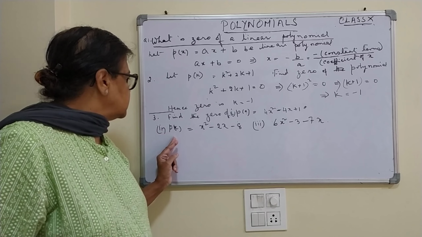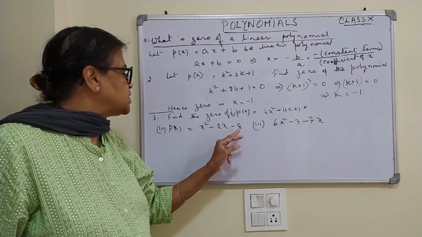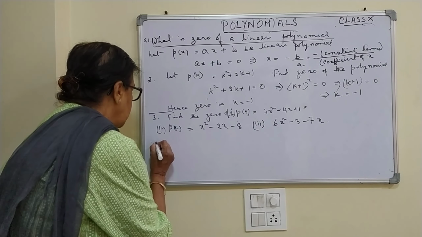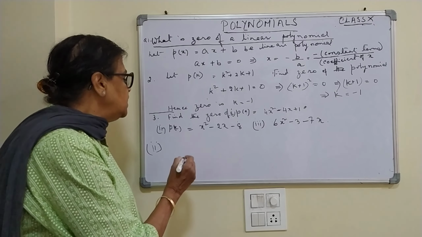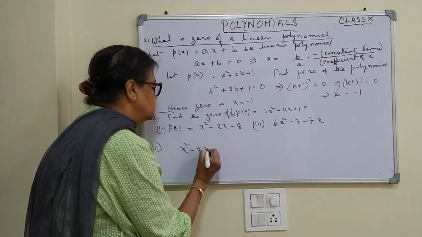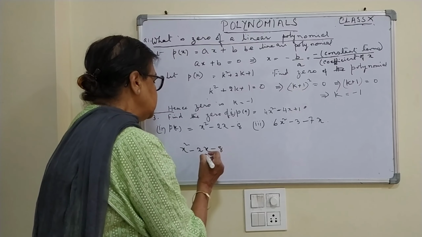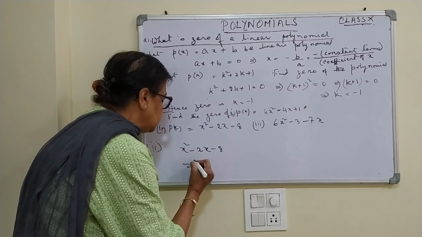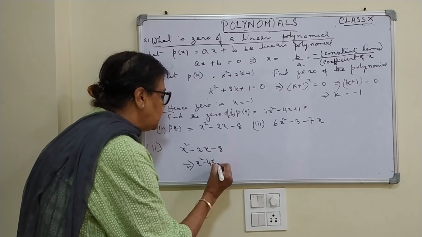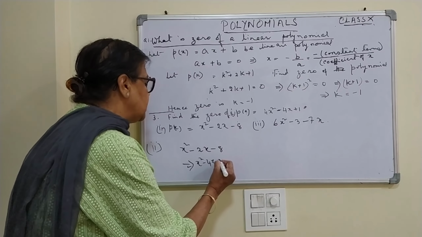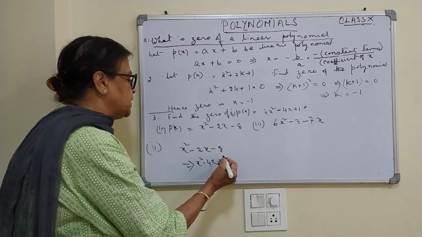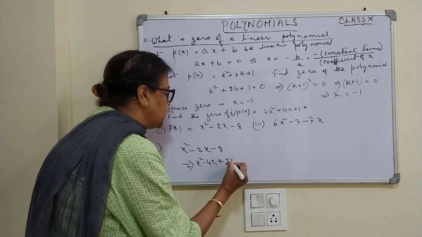And this is x square minus 2x minus 8. I solve this with you. That is x square minus 4x plus 2x minus 8, because 4 2s are 8. We have done middle term splitting.